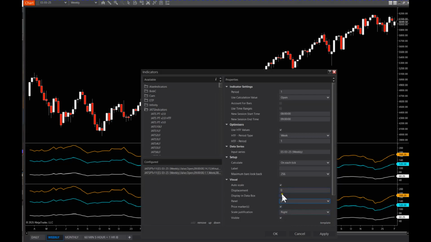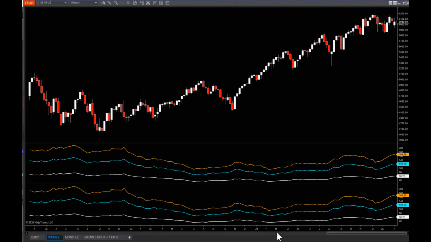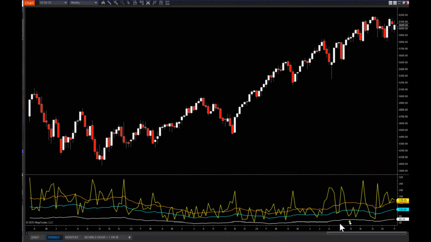And it doesn't really matter if I display it in the data box, but all right, so you can see when we're inside the weekly range, the bars are small. When you're outside the weekly range, you get that range expansion.